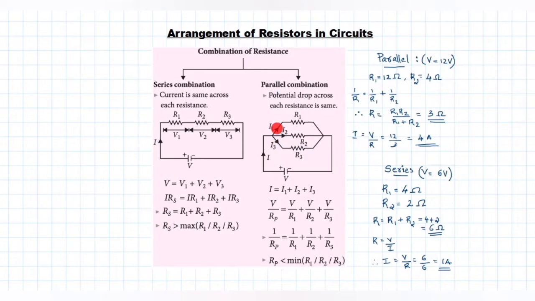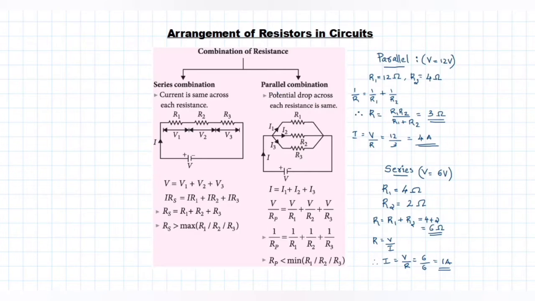I1 current is passing through R1, I2 current is passing through R2, and I3 current is passing through R3. So in parallel combination we have to note this point: potential drop across each resistance is the same.